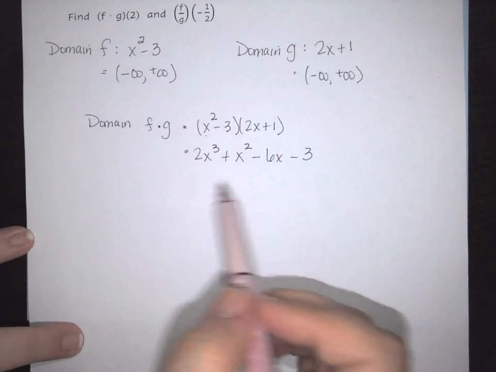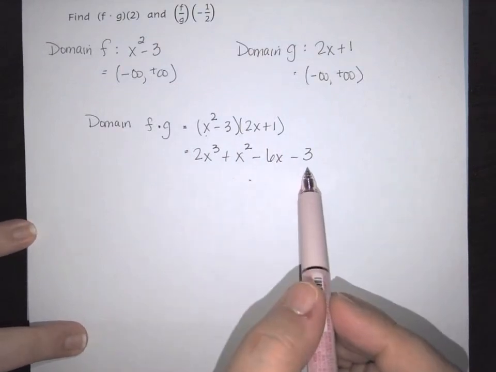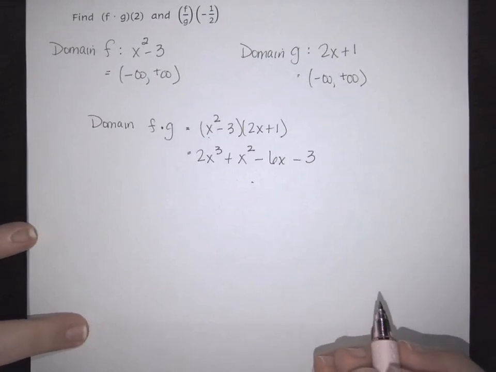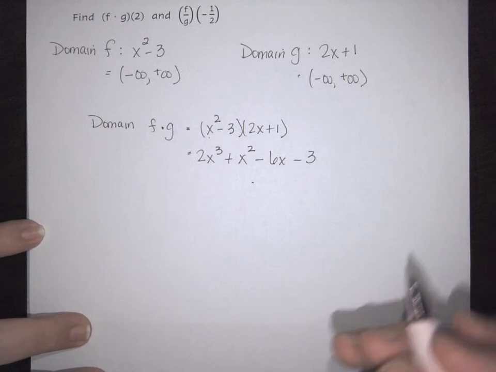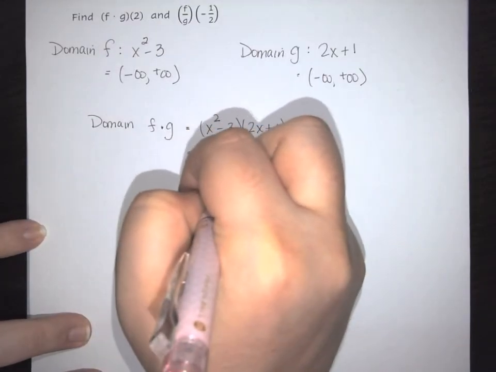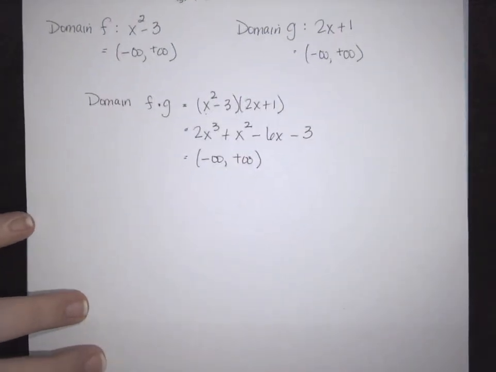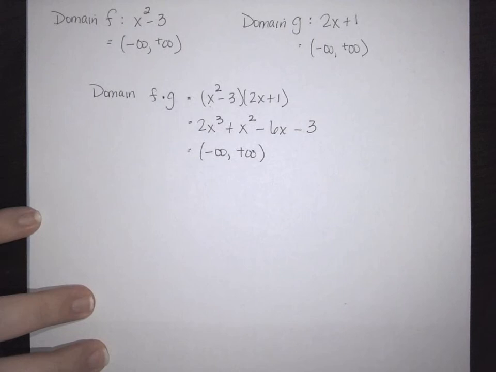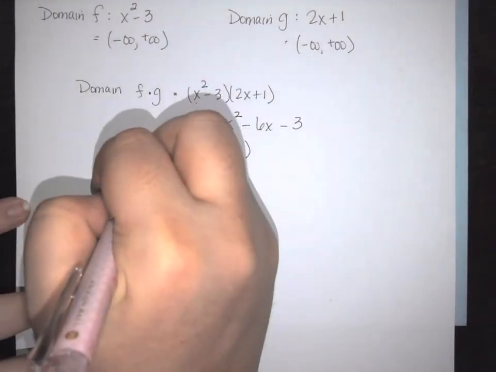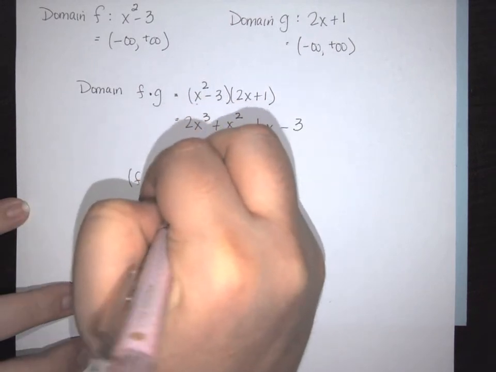When we look at this domain here, we are still going to be all real numbers because we don't have any radicals or rationals. So here this domain is going to be negative infinity to positive infinity, which means we can finish evaluating. So here we wanted to evaluate f times g at 2.